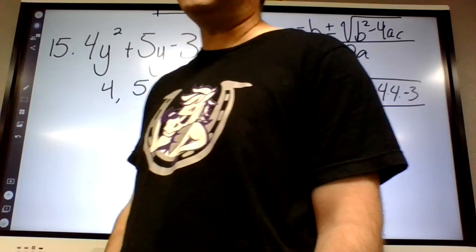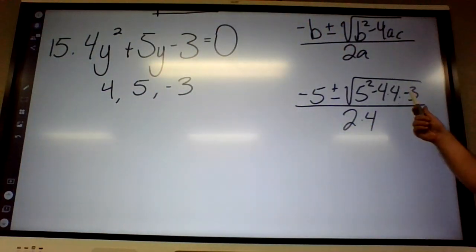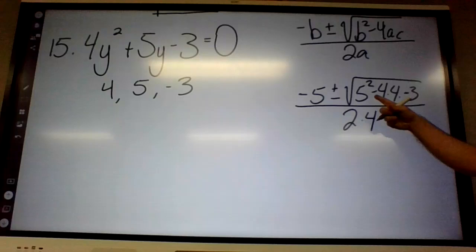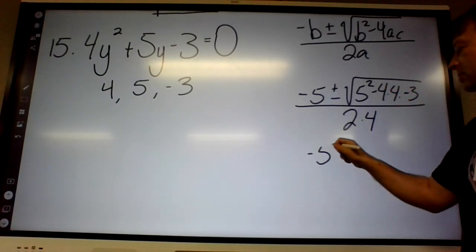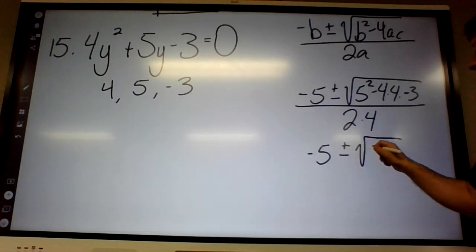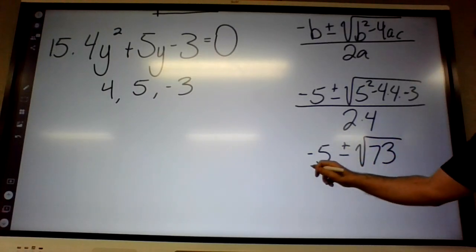Your calculator shouldn't say error. I didn't write my negative big enough, but that should have been a negative. So this should come out as 25 plus 48, which is 73. So it shouldn't say error, it should say square root of 73.